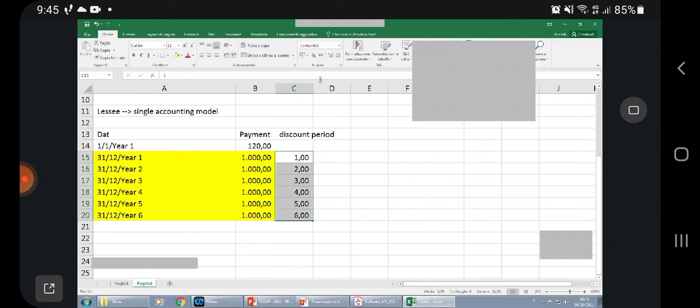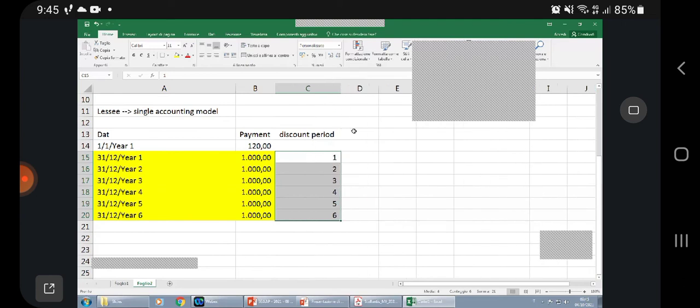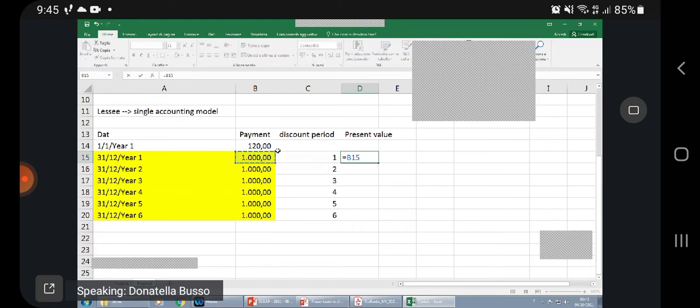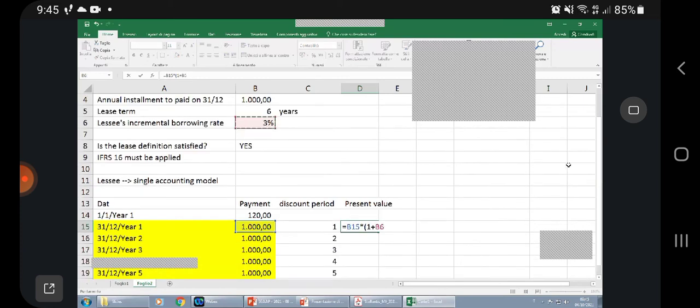This is the discount period. Now that we have the discount period and the payment, we can compute the present value, and the present value is for each payment 1,000 divided by 1 plus the interest rate, 3%. The interest rate is always 3%. The first installment is discounted for 1 period.